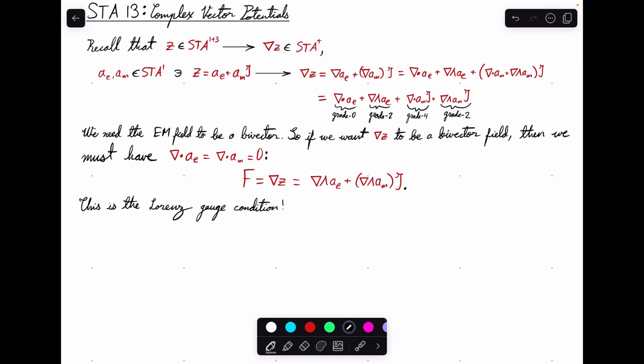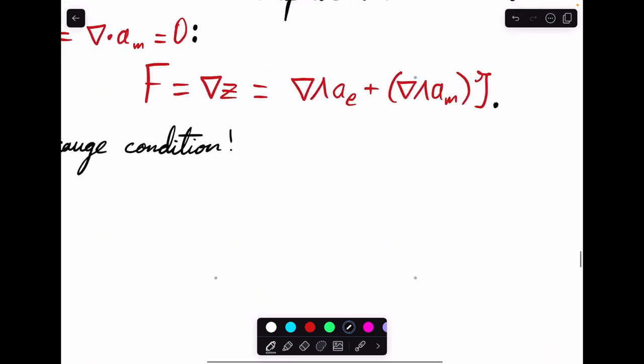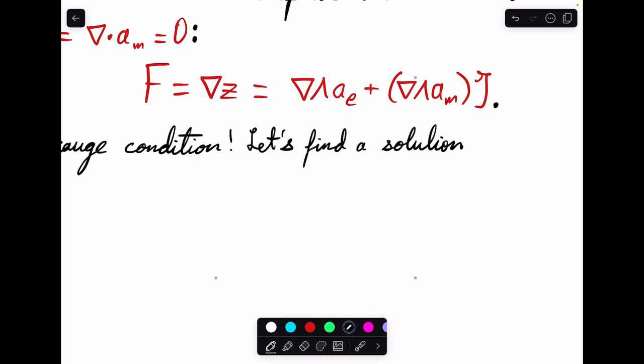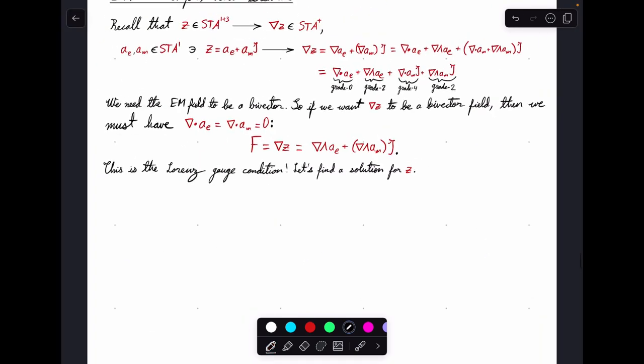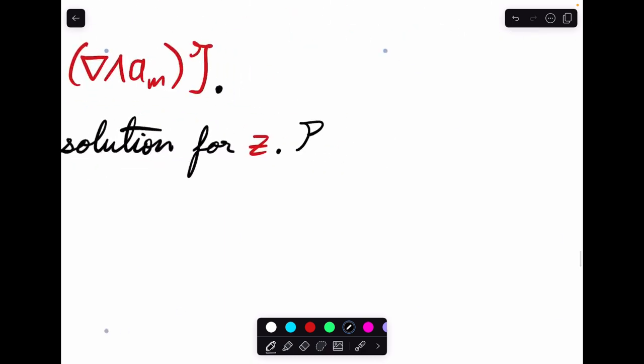Now, what we must do is find a solution for Z. Let's find a solution for Z. And then I'll say this.